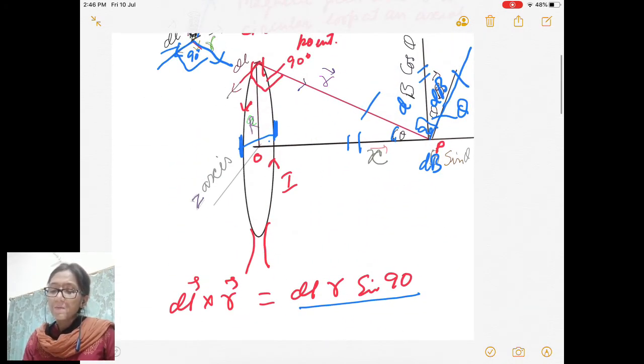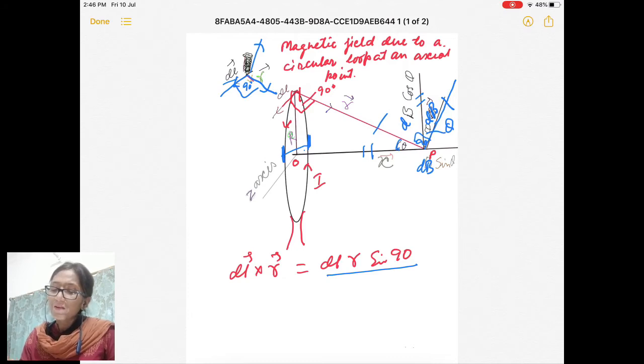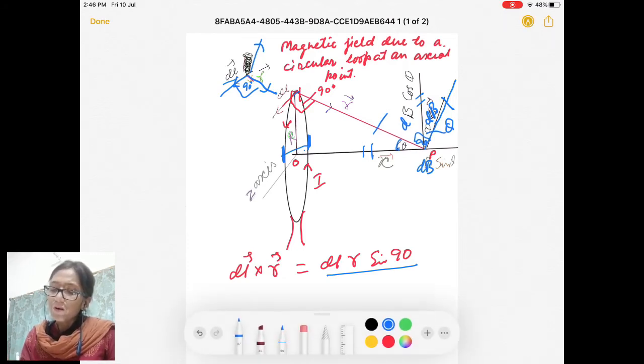Let us see how. So for this length element you have a vertical component dB cos theta. For a similar length element you will have a vertical component along the opposite direction and a horizontal component, also dB sin theta.